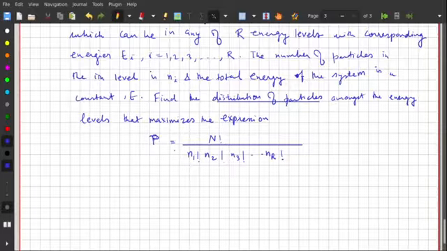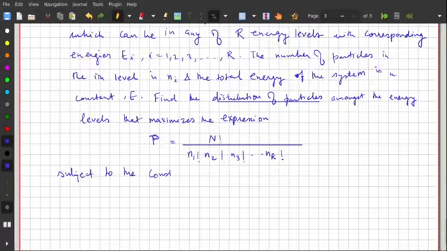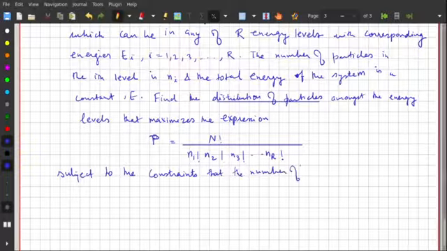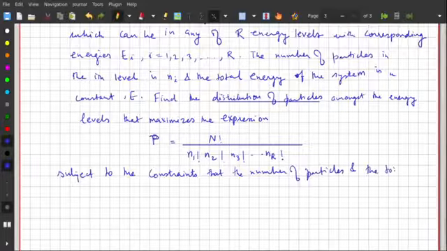We want to maximize this expression subject to the constraints that the number of particles and the total energy remain constant.